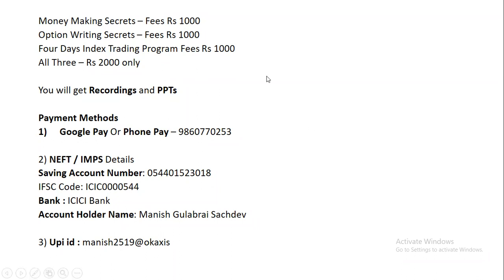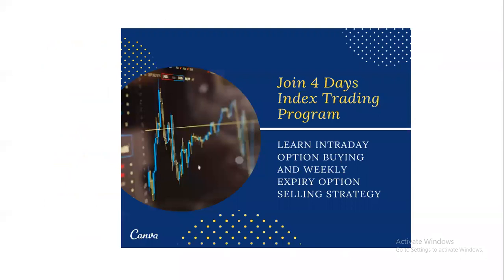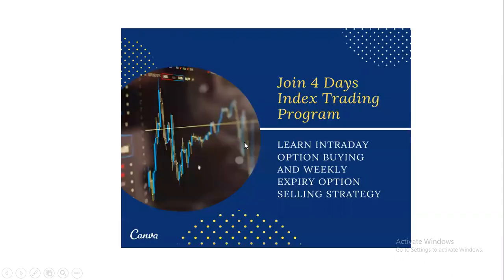Yes, 4 days are enough, Gaurav, because setups are very simple, very easy to learn. And in fact, even if you follow any one or two setups, you can still make consistent profit. So you will learn 4 setups, but you need to master one or two at a time. Take for example, in option writing secrets, if you master only Nifty intraday short straddle, that's enough to make consistent profit every week from market.